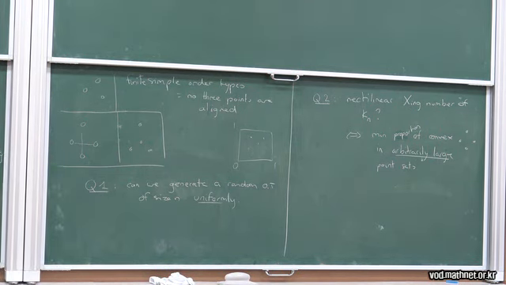So far so good? And it turns out that limits of order types, so limits of graphs applied to order types, can tell us something about these two questions.